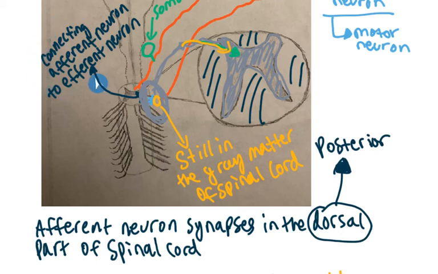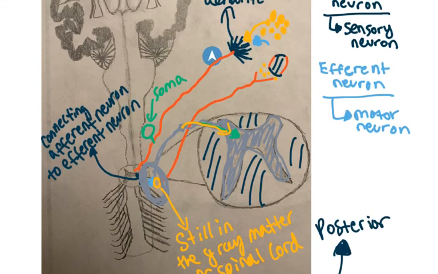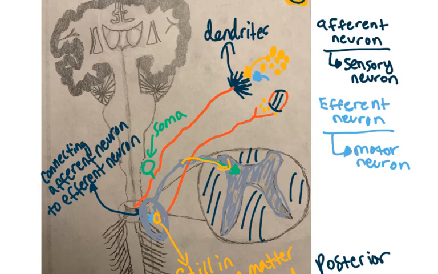So is the interneuron, all right? But that's an exception. We talk about the afferent neuron because the sensory neuron's soma or cell body is in the dorsal root ganglion place, or also in the posterior part of the spinal cord place, all right? Or near the posterior part of the spinal cord. So it's near the dorsal root ganglion, all right?